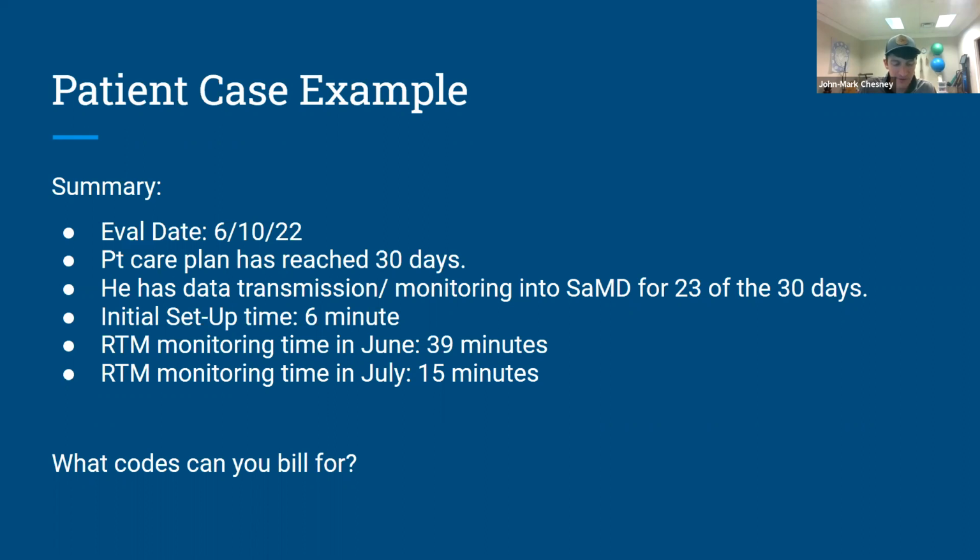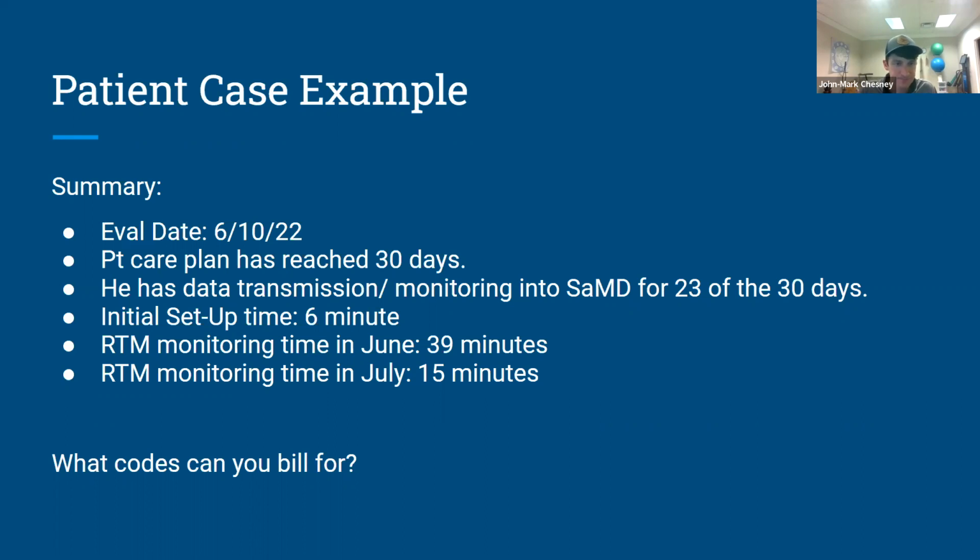So for future classes, when we go over the cases, if you have that cheat sheet printed or handy, it's a nice reference guide to see which codes have been met based on the requirements.